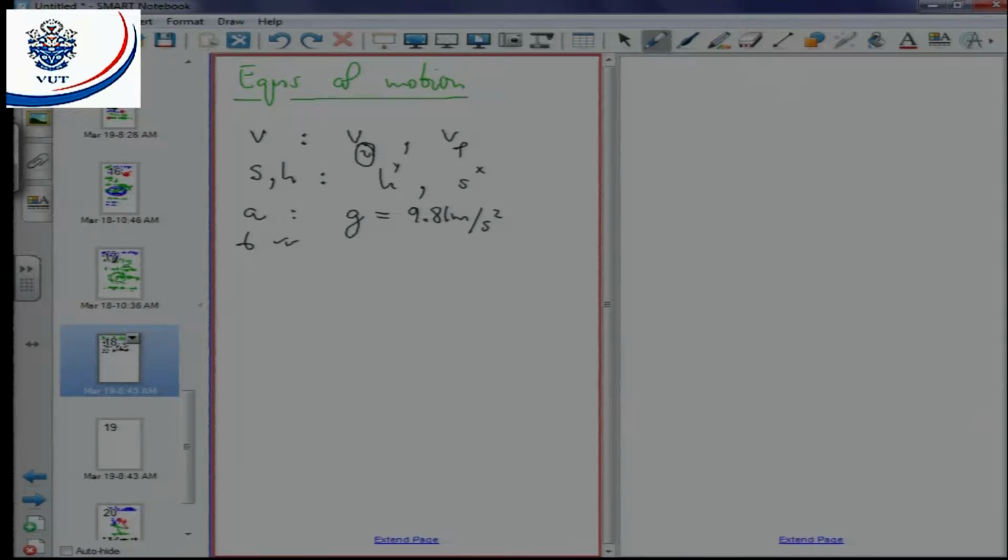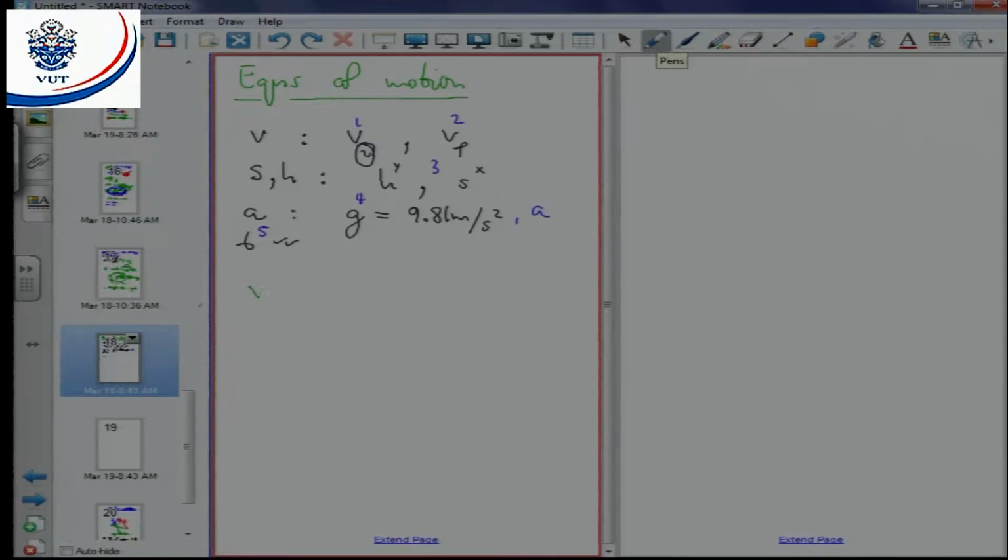So here how many variables do we have? We've got 1, 2, 3, 4, because remember this is also a, and 5 with t. So with these 5, there are 4 equations of motion that help us to find any of the unknowns, and the equations of motion are the following.